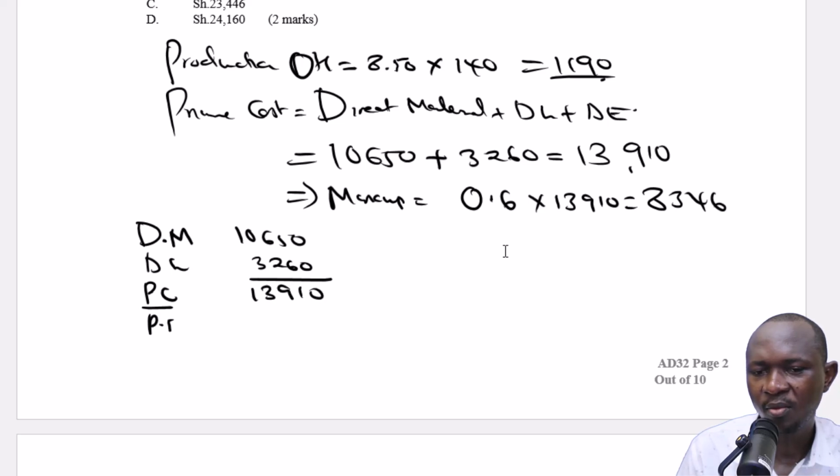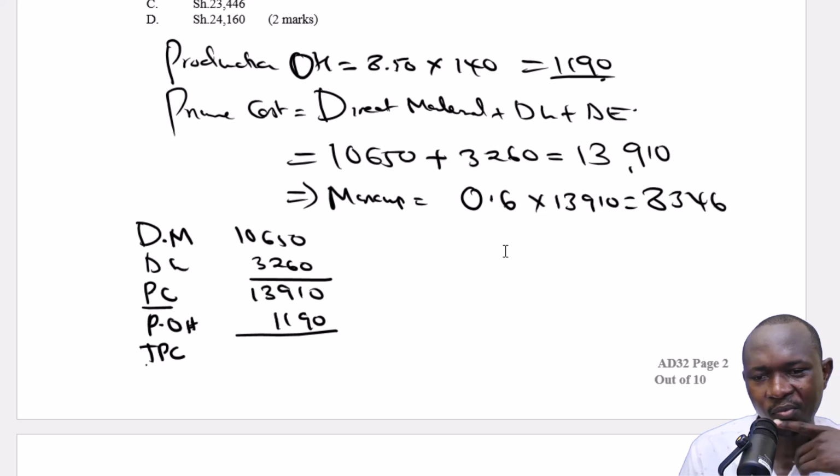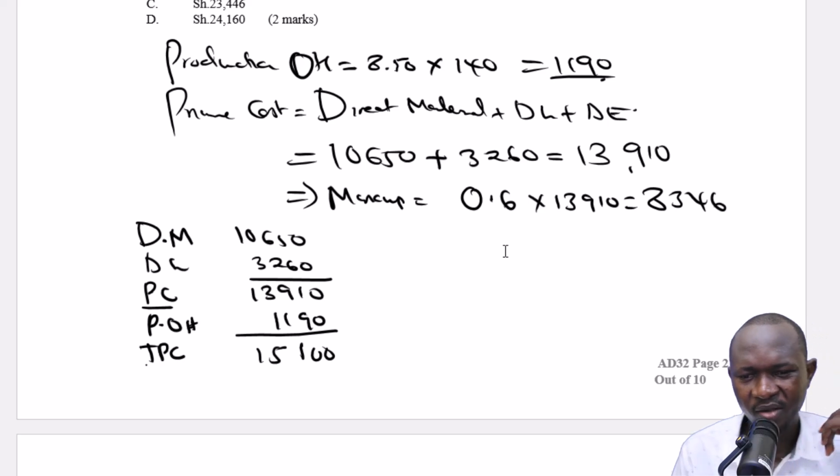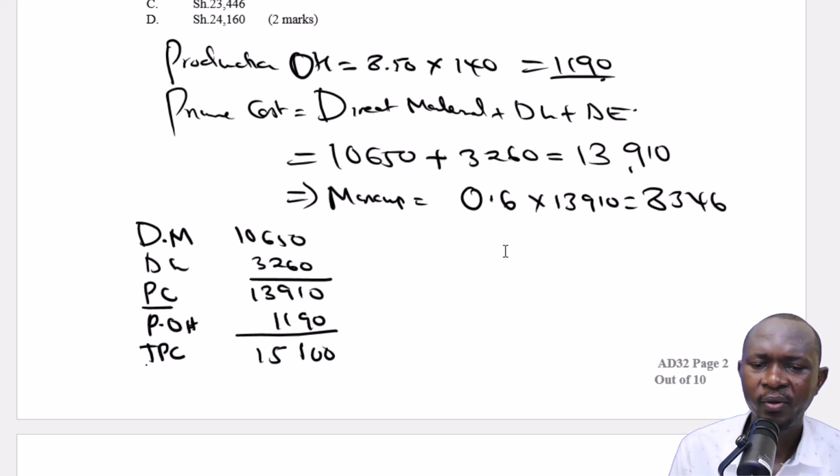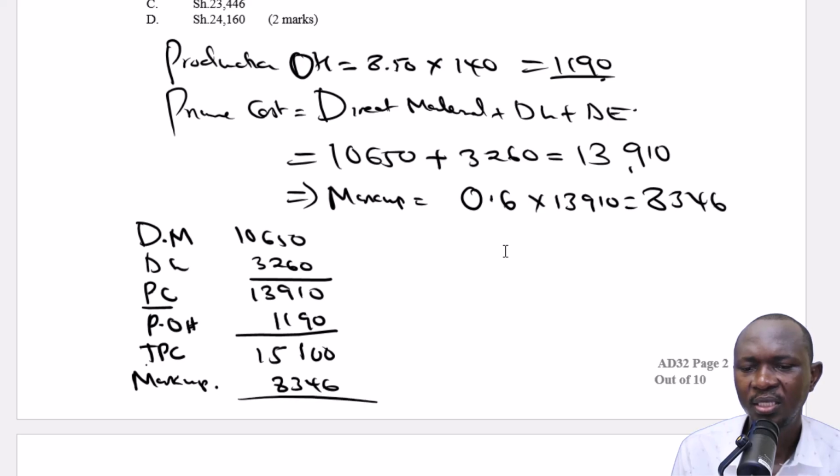Then you add the production overheads, which you have already computed as 1190. When you add that, you get total production cost, which is 15,100. I believe I'm correct. Then we add the markup cost. Markup will be 8346.